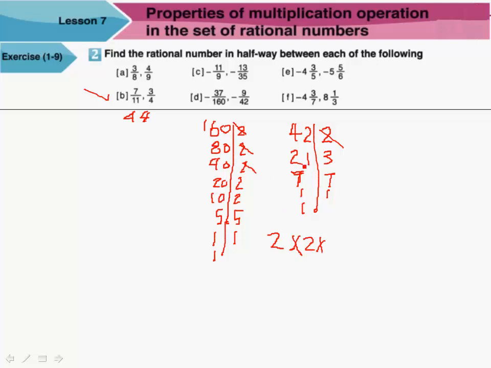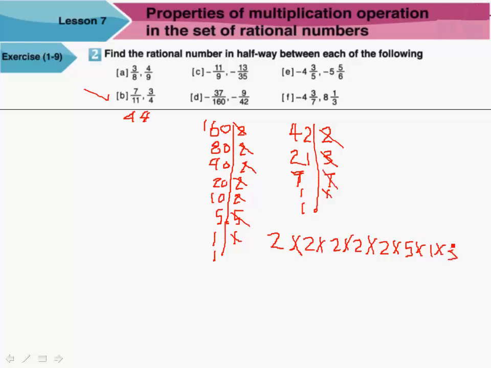We have 5, which is not here, also take it. And we have here 3, we have to take it also.